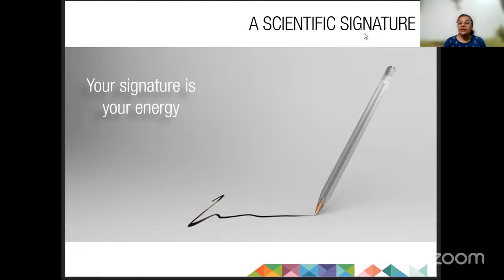And the main thing is that people are not even aware that their signature is not scientific. Because we use different strokes, we use a unique pattern just for putting up a signature. We feel that if I put it in a different manner, the signature will look more attractive.